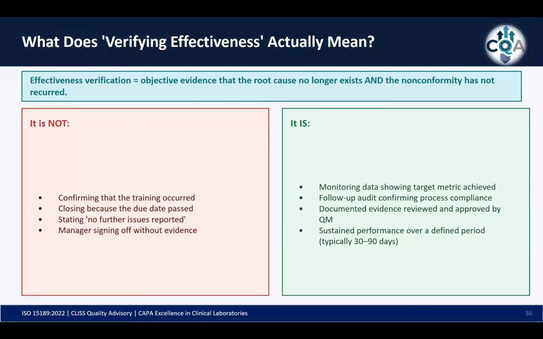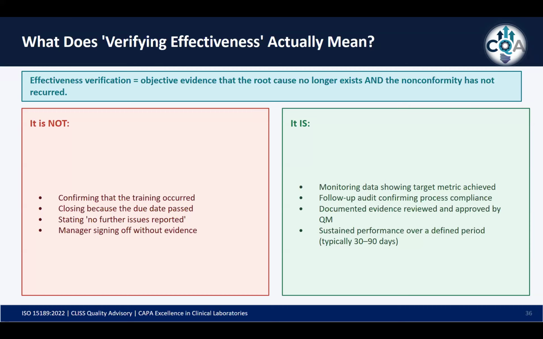You know, auditors are coming next week, you go through all the files, your records, you just sign them off as closed. It is not stating that no further issues were reported. No, it's about going back and gathering objective evidence to say, indeed, this has been monitored for such and such a period, and these issues are no longer happening. Okay.